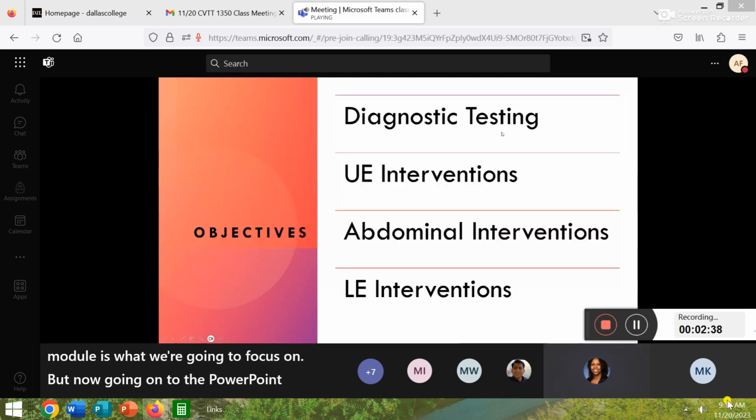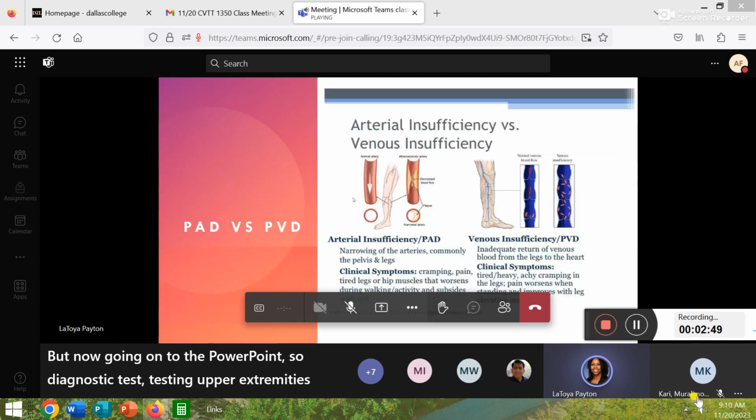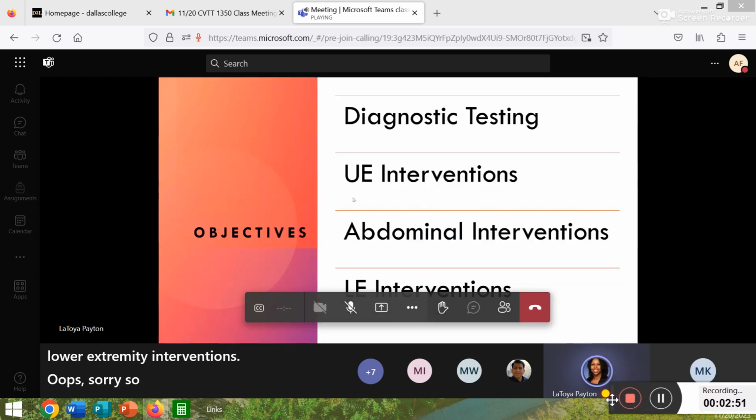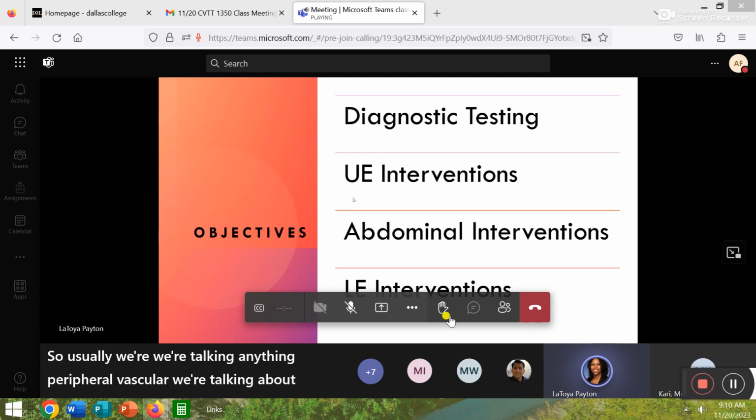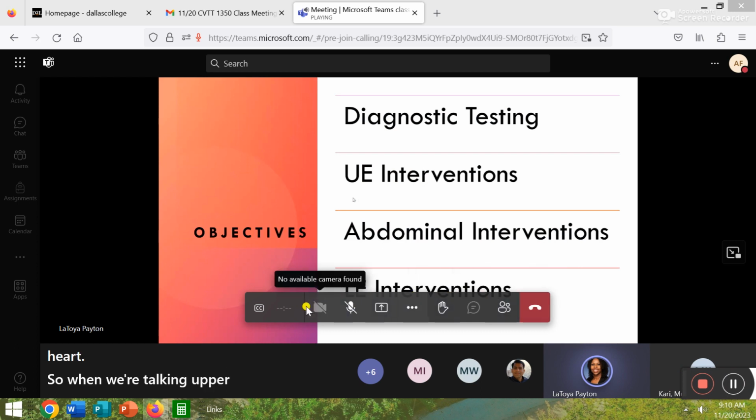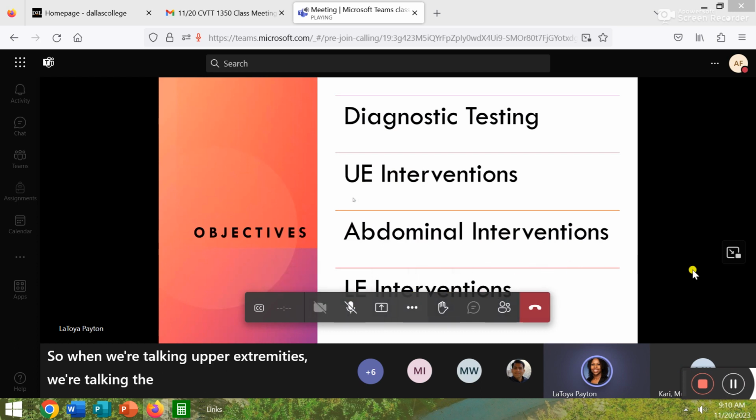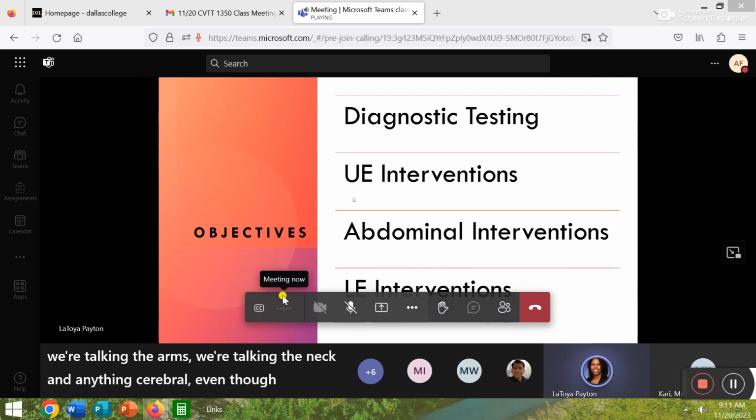So: diagnostic testing, upper extremity interventions, abdominal interventions, lower extremity interventions. Usually when we're talking anything peripheral vascular, we're talking about everything and anything outside of the heart. So we're talking upper extremities, the arms, the neck, and anything cerebral, even though cerebral is its own category.